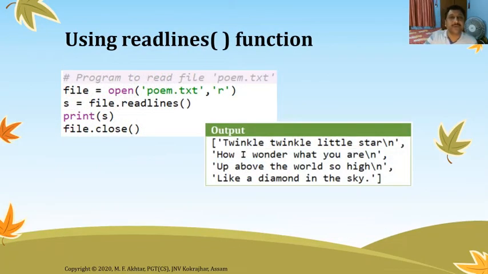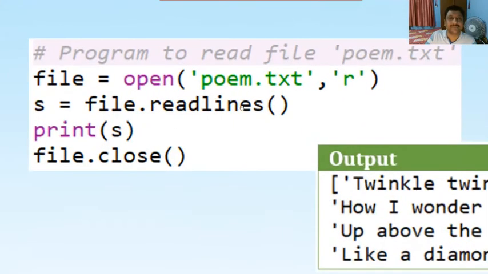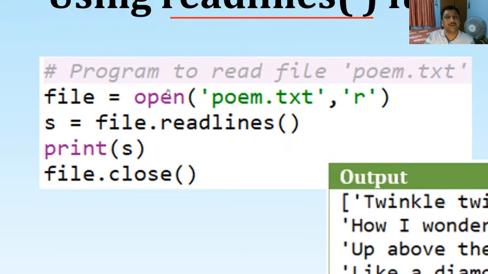Now see, using the readlines function, with an s. Okay, the readlines function, and we know what it does. It reads the entire file into a list. See, open poem.txt, the same steps to open the file.